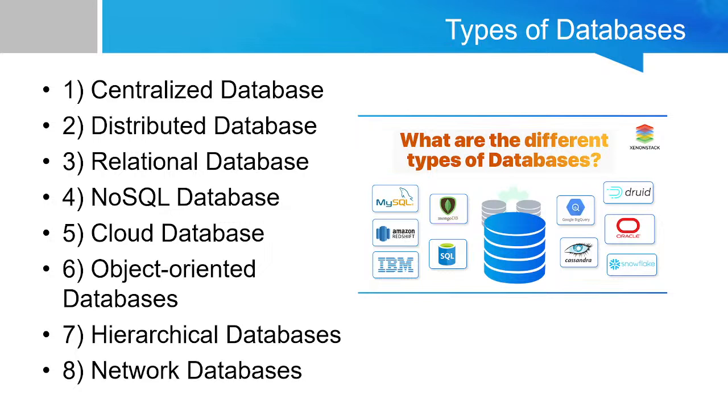Four common properties are associated with relational databases, called ACID properties. ACID stands for atomicity, consistency, isolation, and durability. Atomicity ensures that a data operation will complete either with success or with failure.